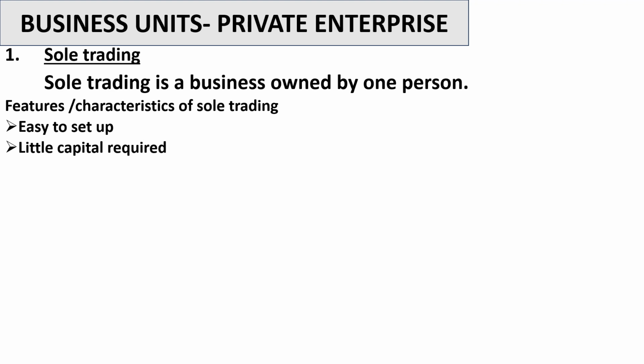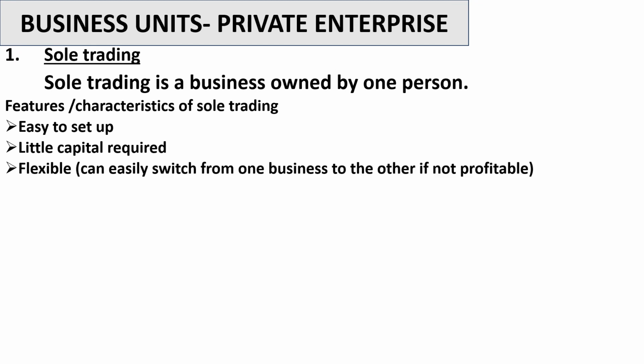The other feature is it has little capital required. The other one is it's very flexible, which means you can easily switch from one business to the other if not profitable. So if you see that the bags are not making sense, you can go into a business of selling gensets, since gensets may be on demand because of load shedding.